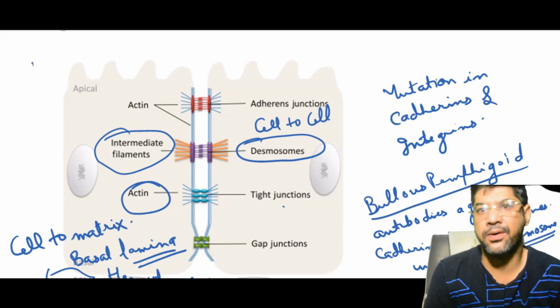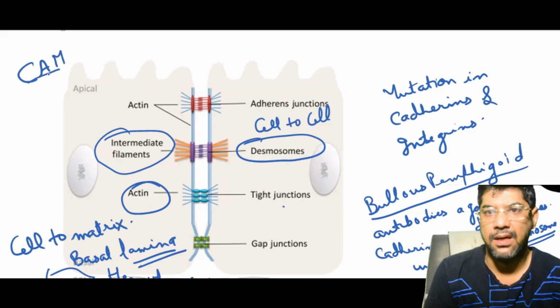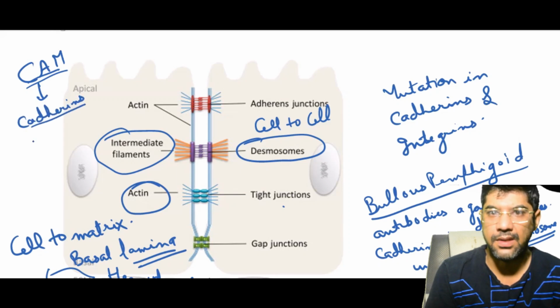They play an important role in forming adherent junctions and desmosomes, providing cell to cell adhesion. Others are integrins. These connect cells to the extracellular matrix, forming focal adhesions and hemidesmosomes.